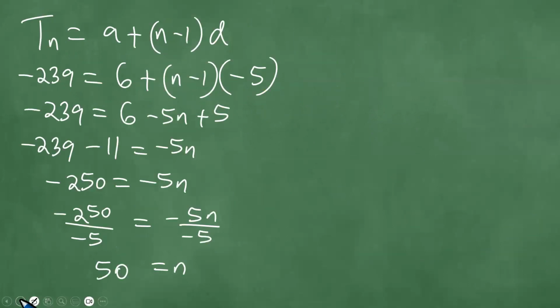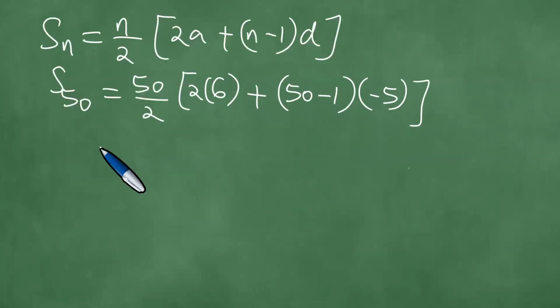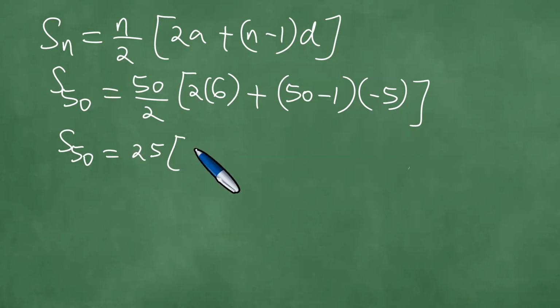Okay, and we have this. So now we just need to simplify these things. So we have S sub 50, this one is 25 into 12 plus 49 times -5, which is -245.